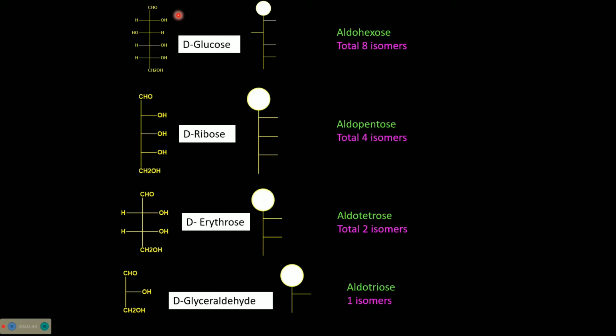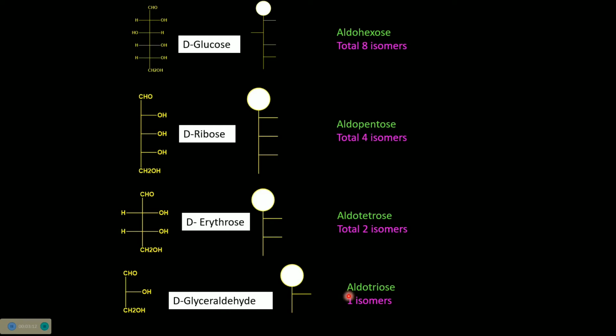Aldo means there is an aldehyde group. Aldopentose means that aldose contains 5 carbon atoms, aldotetrose means that aldose contains 4 carbon atoms, and aldotriose means there are 3 carbon atoms.